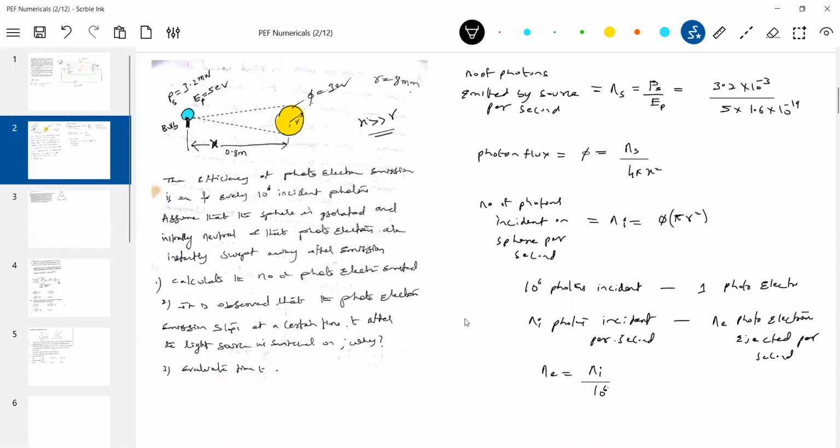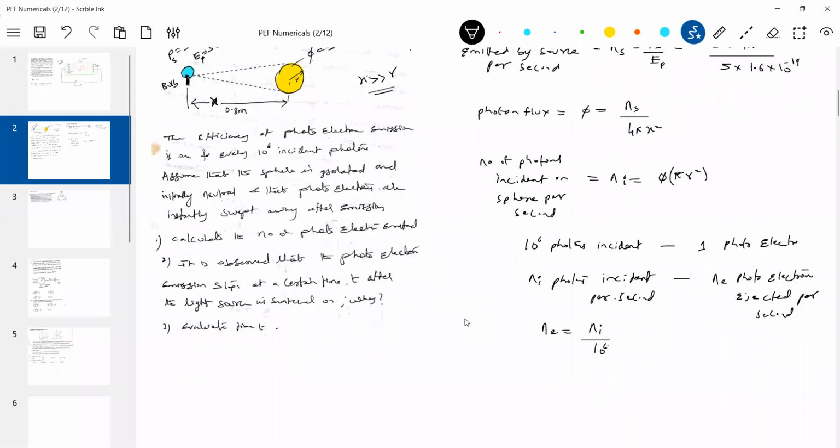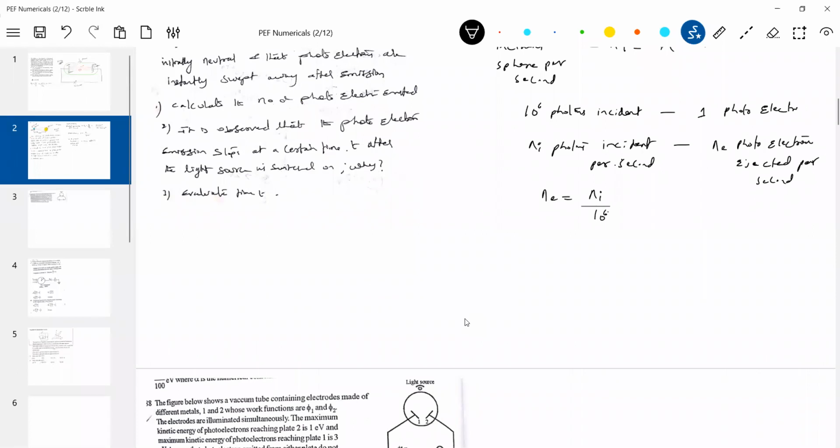The charge on the sphere should be Ne into the charge of the electron. So with time, photoelectrons will continuously leave the metal sphere, and the sphere continuously acquires charge. Then here I'll draw the diagram.